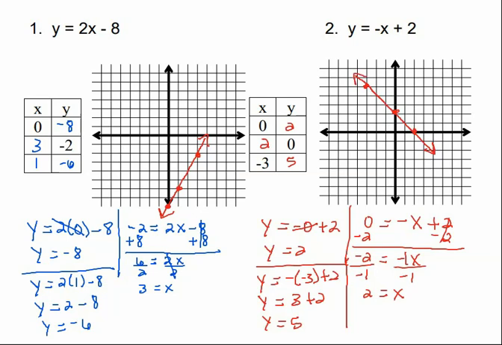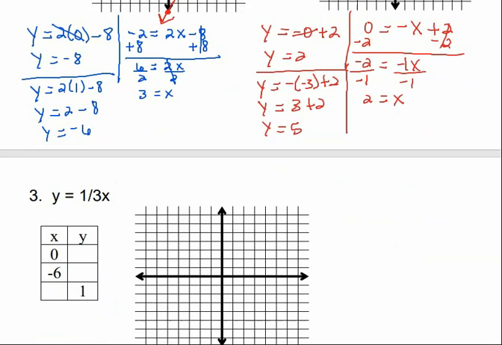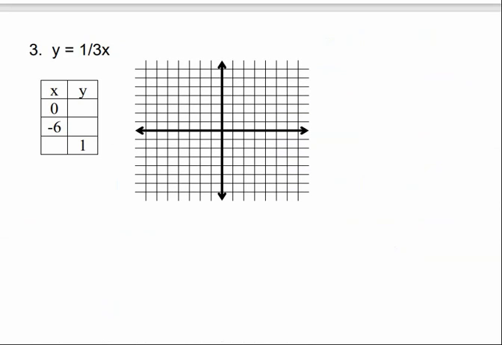All right, and we have one more to graph. In this equation, we just have y is equal to 1/3 x. My first value that we're plugging in is 0 for x, and that would be y is equal to 1/3 times 0. Well, we know anything times 0 is 0, so 0 would be my y-coordinate.